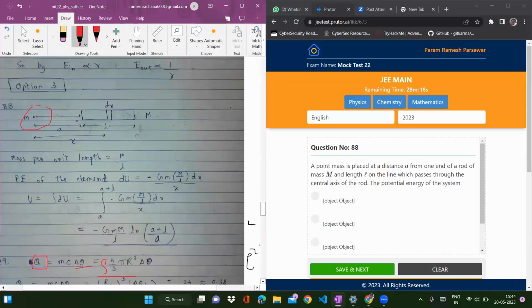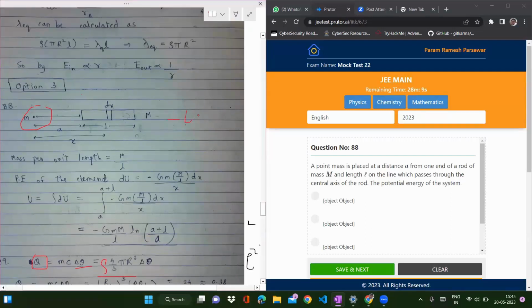So for potential energy, we will consider the formula minus G m1 m2 by r, which is the potential energy for two point masses. But here a rod is given, so we need to perform integration for a small element of length dx.